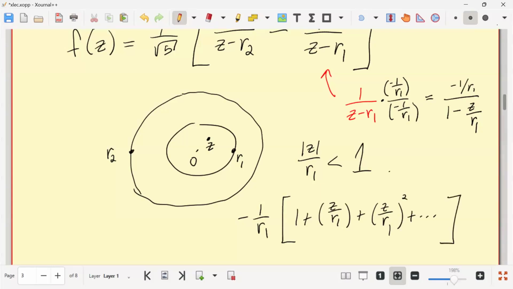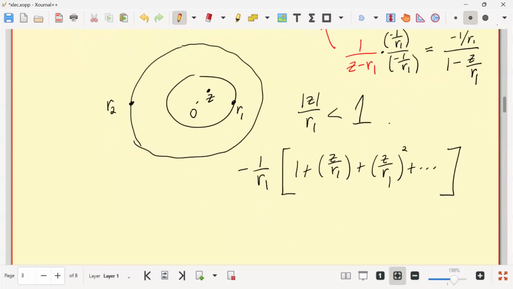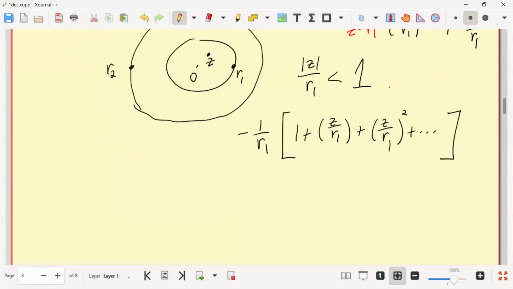And I can do exactly the same thing with the other rational term in the partial fractions. So in fact, I do the same thing for the plus 1 over z minus r2 term.